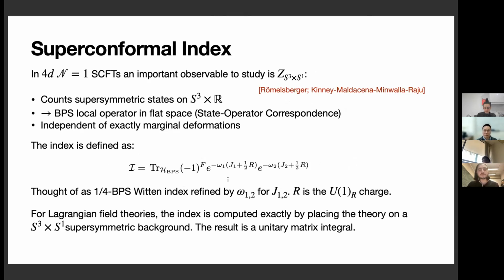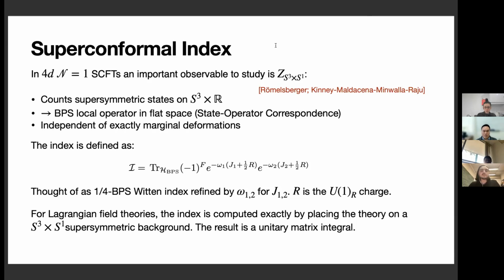And one particular problem where this becomes extremely interesting is the context of a superconformal field theory in 4 dimensions, where one often wants to study the partition function on S3 times S1 with a periodic boundary condition for the fermions, which is also known as the superconformal index. This is a very important observable because it counts supersymmetric states on S3 times R, and we correlate this counting to the counting of BPS local operators in flat space.